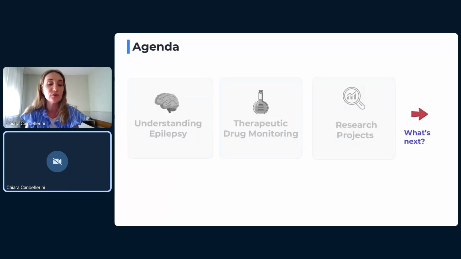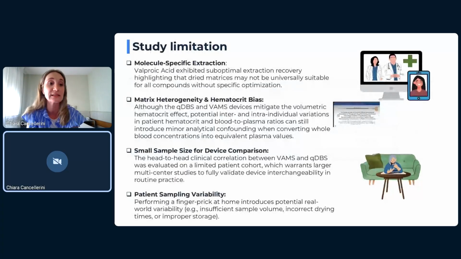Before we go to the conclusion and hopes for the future, of course, we have to talk about the study limitations.